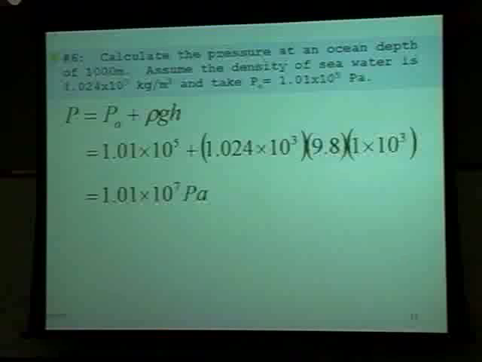So this would actually be 1 atmosphere plus 100 atmospheres, 1.01 times 10 to the 7 pascals, approximately 101 atmospheres. If I went down 1 kilometer in the sea, I would feel 101 atmospheres of pressure.